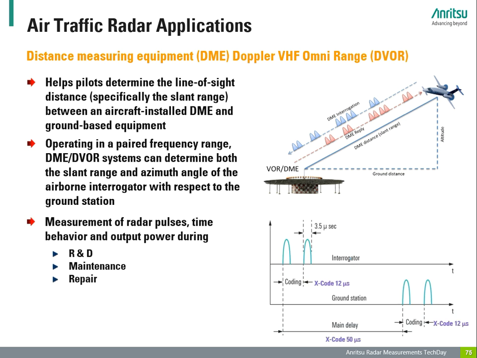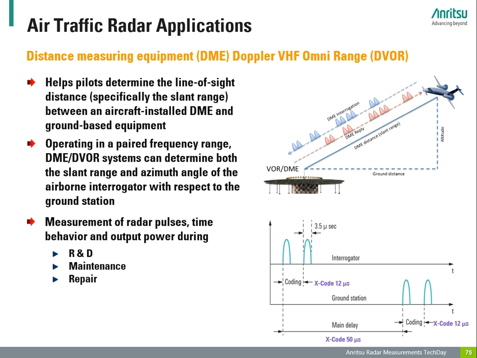There is a need to verify DME signal characteristics during research and development or the maintenance phase or during repair. The frequency delta between the received and transmitted signal is always 63 MHz. The channel spacing between the various DME channels is always 1 MHz.